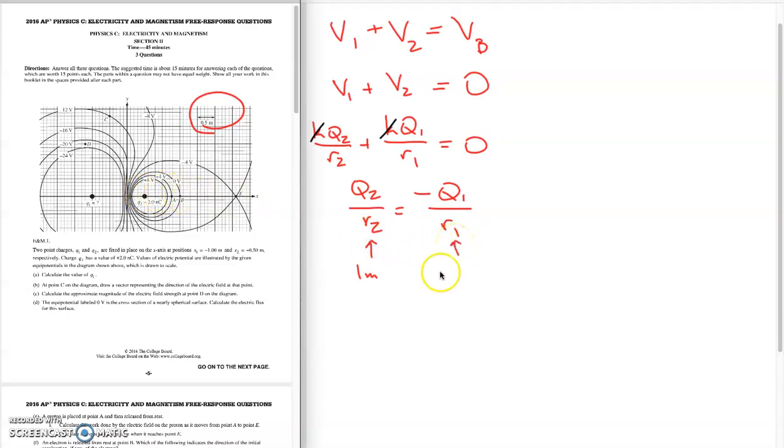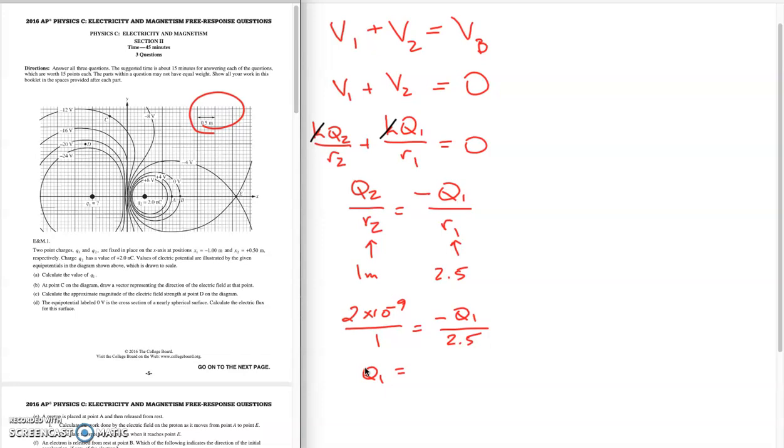So that is 2.5. So Q2, this is going to be 2 times 10 to the minus 9th over 1 equals minus Q1 over 2.5.